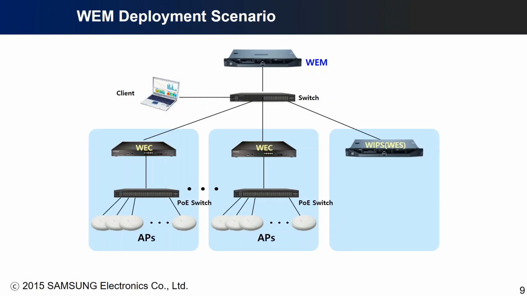Okay, and so here's a sample network topology of how WIM would be deployed. WIM, again, is a software application that would load onto a customer-provided server or a server that you may have sold to a particular customer. That server would connect into the network.